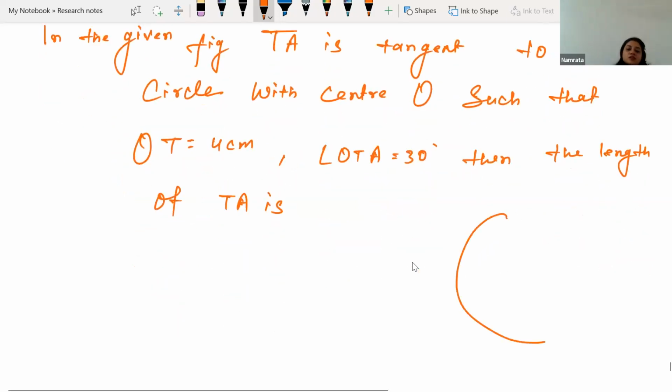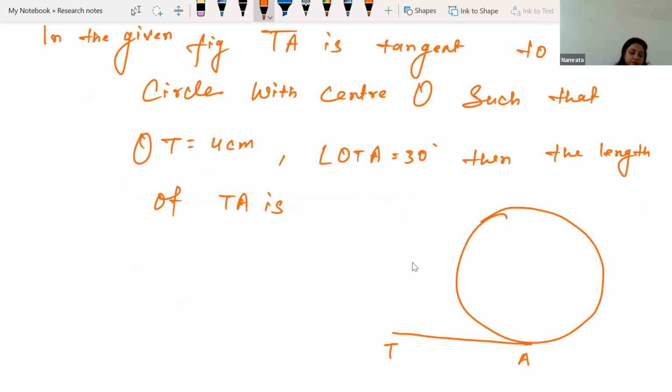Here we are having a circle. Here we are having a tangent like this, TA. Here is the center O. It is joined like this. What exactly the question says: in the given figure, TA is a tangent to the circle with center O such that OT is given as 4 centimeter and angle OTA is given as 30 degree.